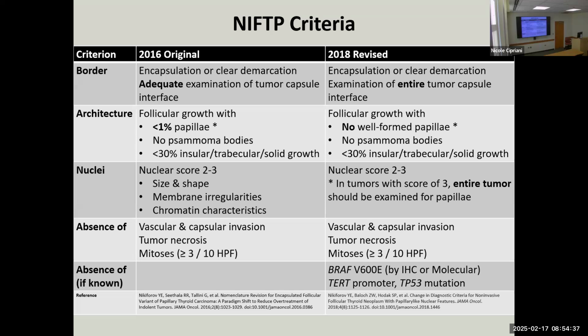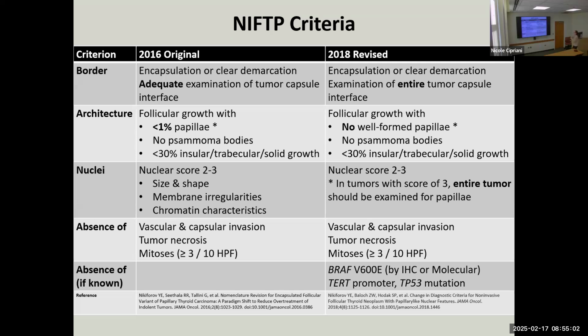And I think this is where we need, I'm getting hot just talking about it. This is where we as a pathology community can make a difference in terms of patients' lives. And I feel very strongly about not overdiagnosing cancer when we don't need to. That's why I believe that the genetics and the overall architecture are more important than whatever little wrinkly weird nuclei that you might see.